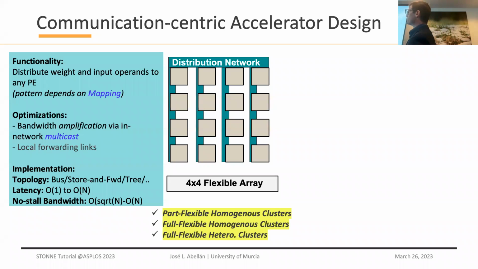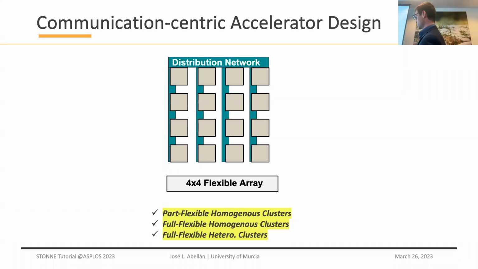We can provide many different types of topologies in order to implement that with different properties in terms of latency and bandwidth. Or we can even implement some optimizations in which we have local forwarding between processing elements that communicate among them in order to exploit spatial and temporal data reuse, or we could have efficient multicast support. These are desirable features.